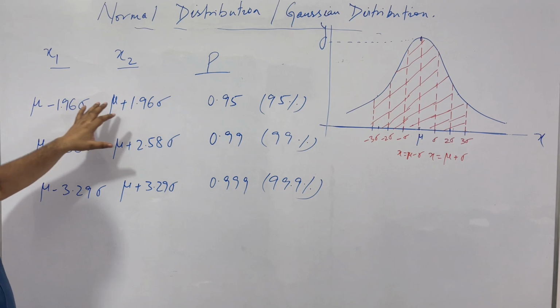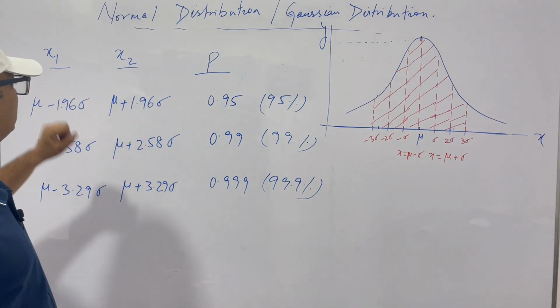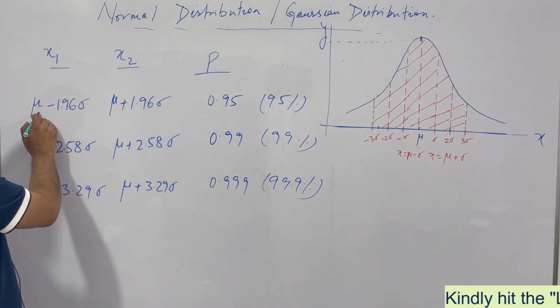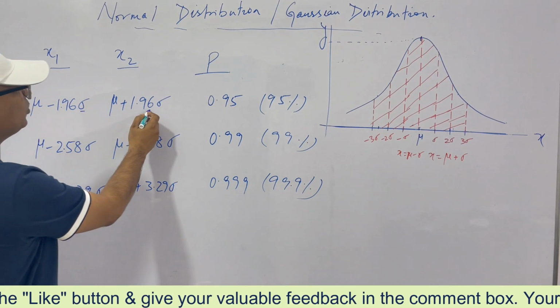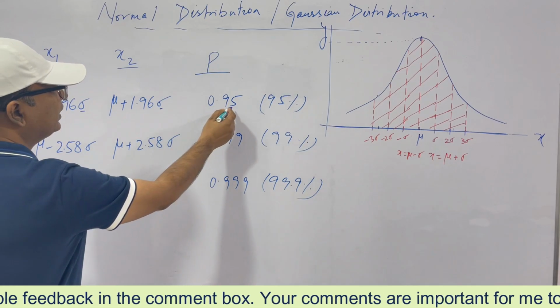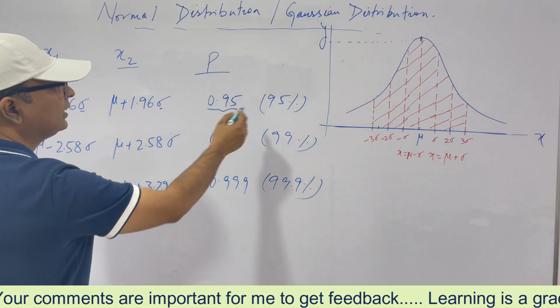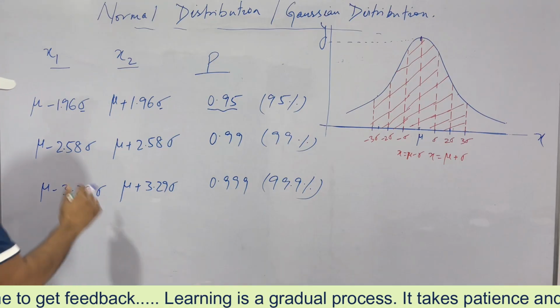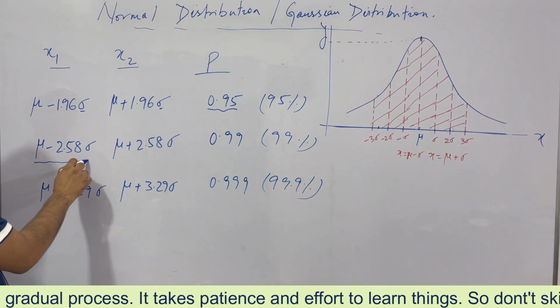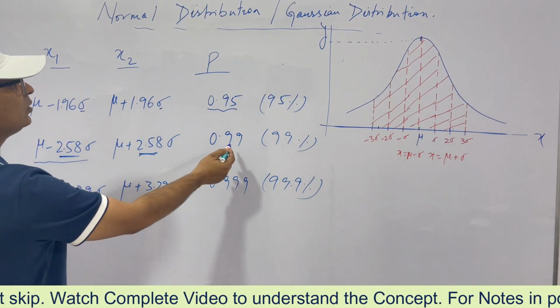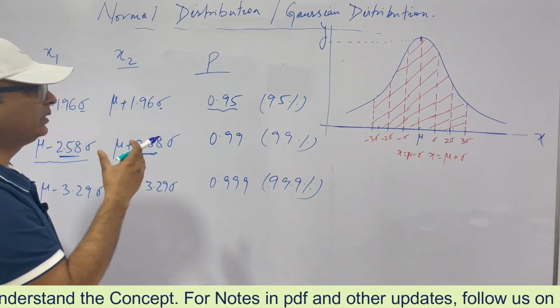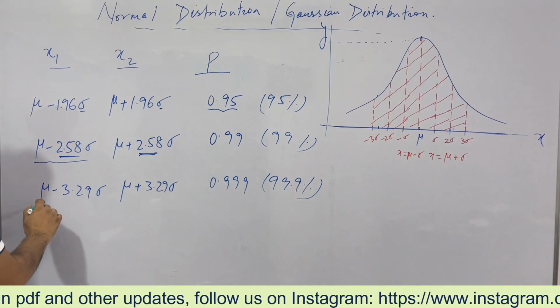Similarly, these are some other interesting data. See, if you take mu minus 1.96 sigma to mu plus 1.96 sigma, the probability will be 0.95, that is 95% of the area under the curve. Then minus 2.58 to 2.58 sigma, the probability is approximately 99%.